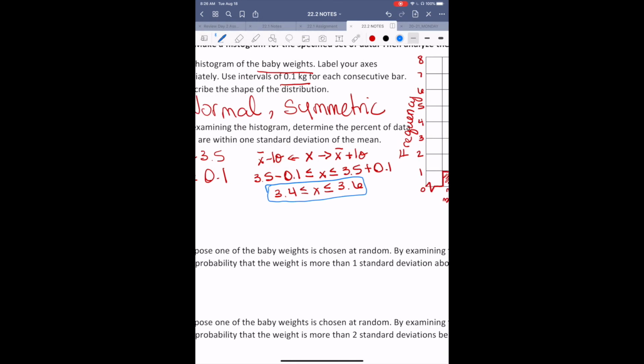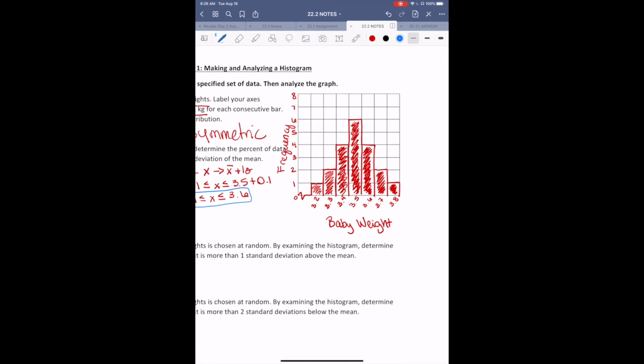So if I scoot this way, I'm going to go ahead and draw on this so that you guys can see what we're talking about here. So we're looking for the amount of data between 3.4. So I know this bar here is 3.4. And 3.6. So we're looking at all of this data, right?